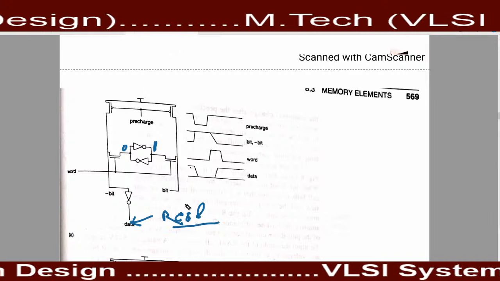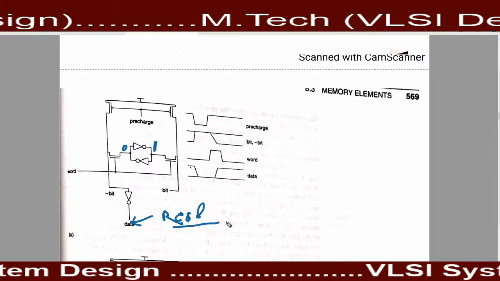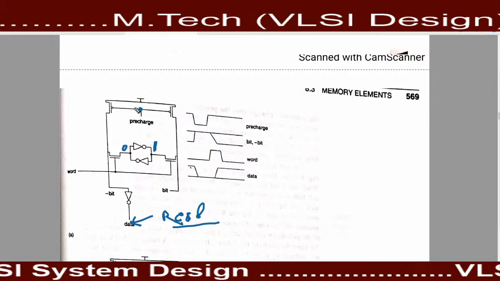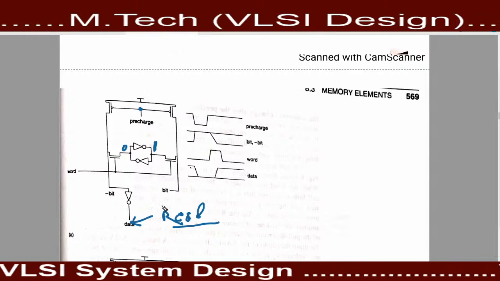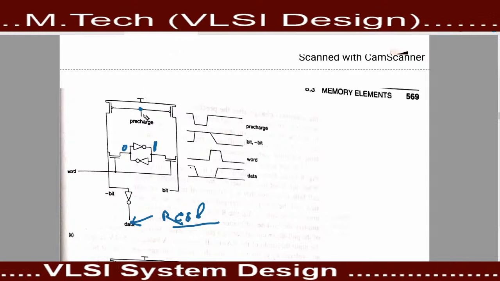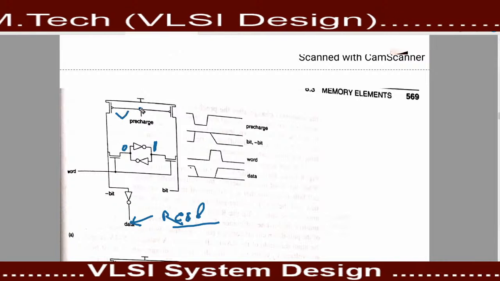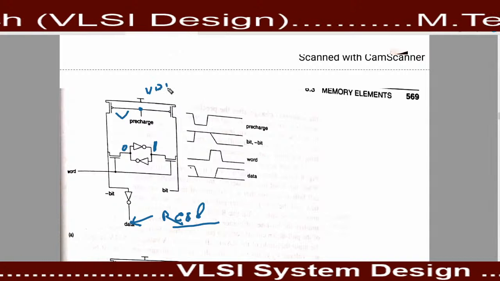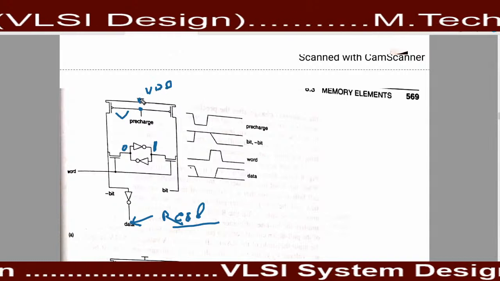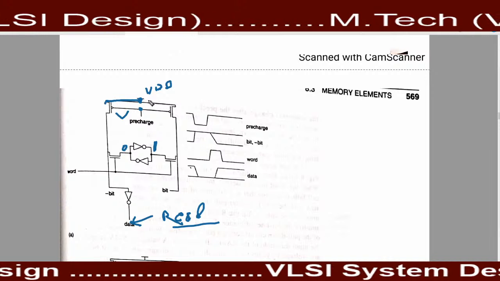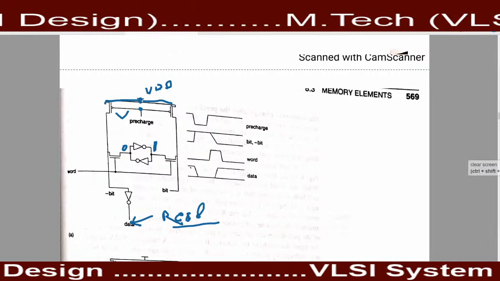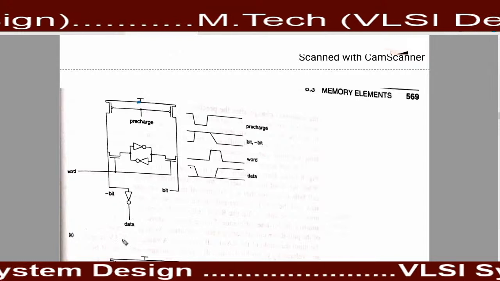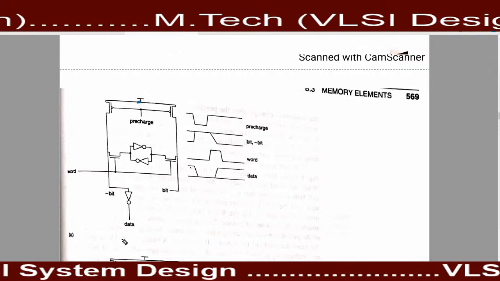How does this operation occur? At the starting time, we provide some precharge voltage to these PMOS transistors. We provide the VDD voltage to this transistor.